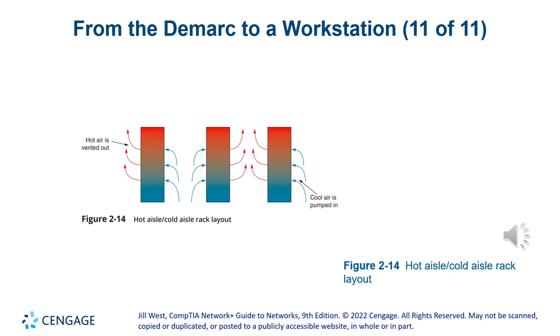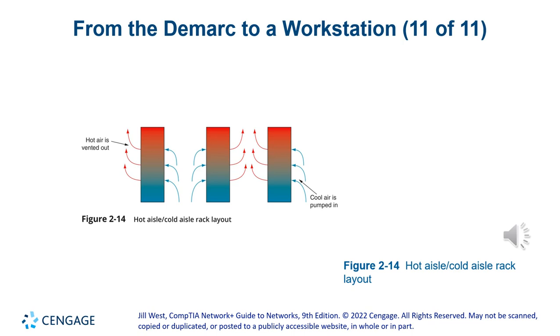So when you put two rows, you have to make sure that they face each other. The first one on the right side takes in the cold air on the right side and pushes it to its back, on the red arrows. The other one, the one in the middle, you want to do the opposite. So they're both pushing the hot air into the same aisle, and that raises up.